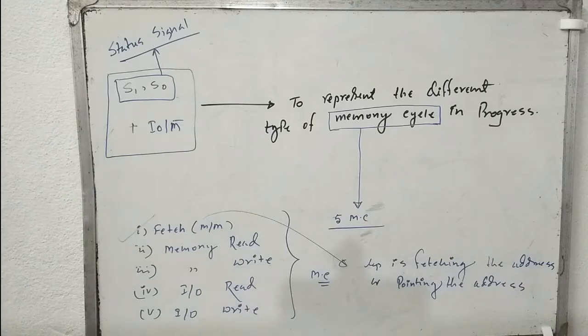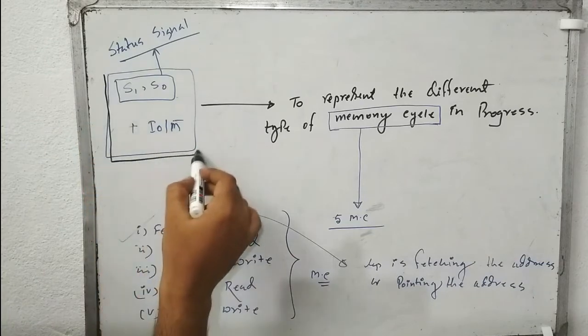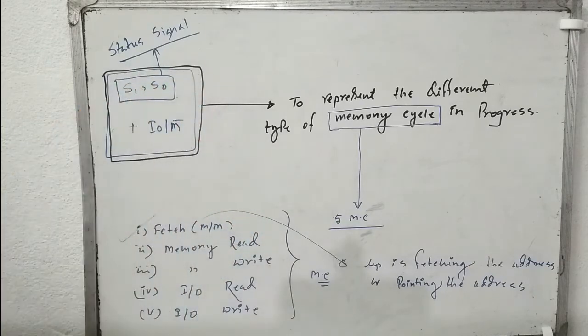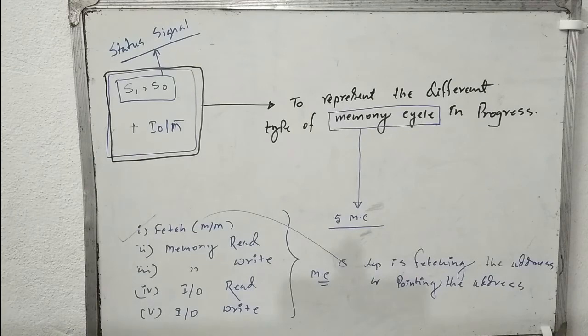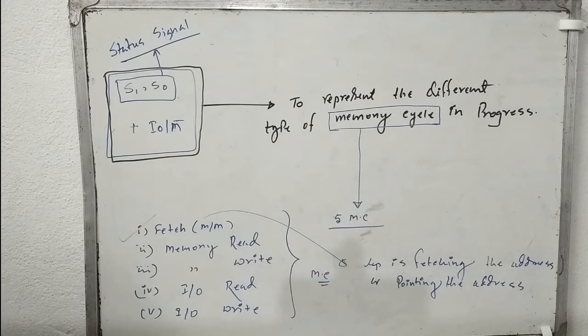As I have told you, by combining these three status signals, we can generate different types of control signal for the different types of operation. Let's draw the chart first and see what control signals we can generate by combining these three status signals.